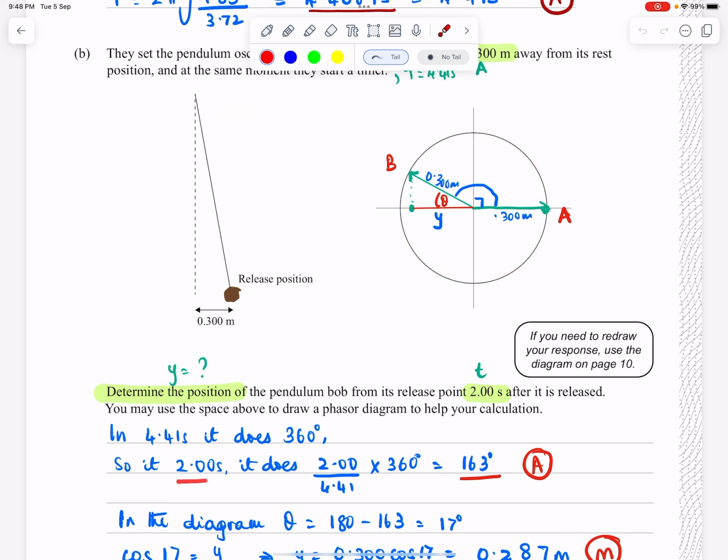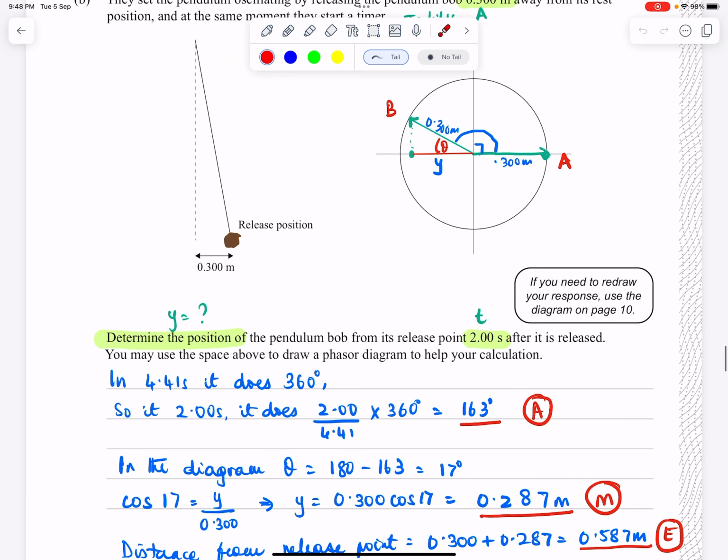So in 2 seconds, how much does it do? Using proportion, it does 163 degrees. That means from here to here is 163 degrees. What am I trying to find out? I want to find this distance, and to this distance I can add 0.300 meters. So in order to find this distance, I'm using this triangle here. So if this much is 163, then this bit is 180 minus 163, which is 17 degrees.